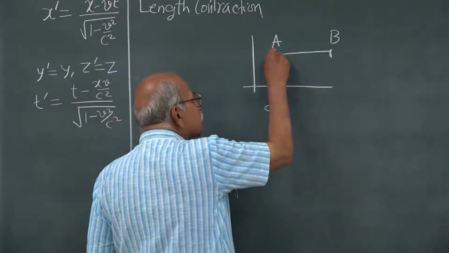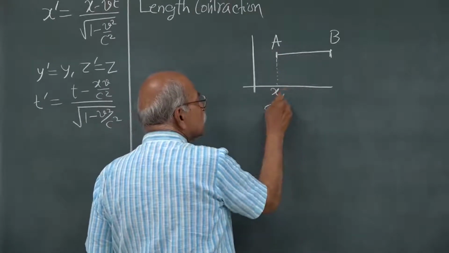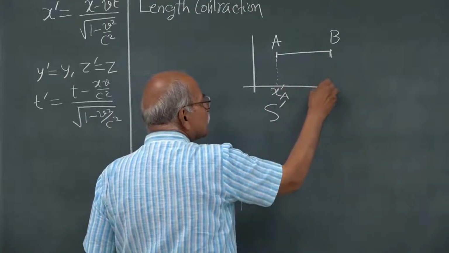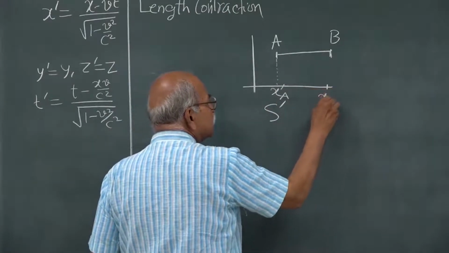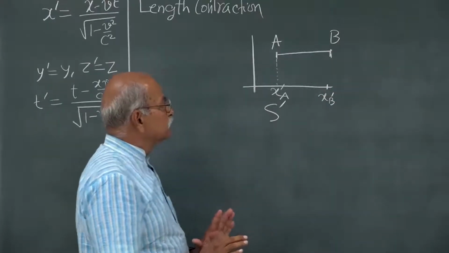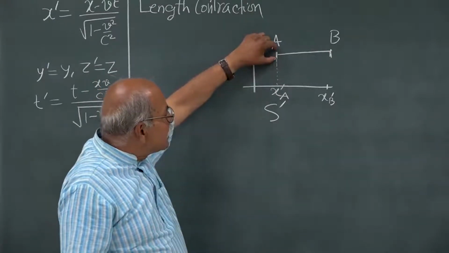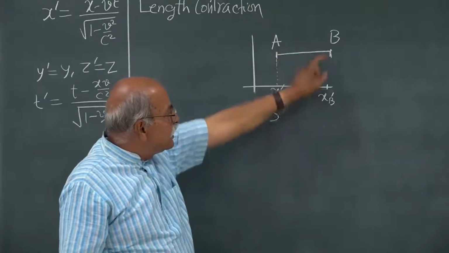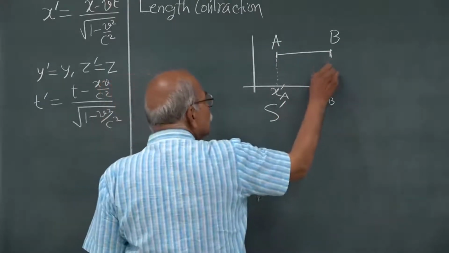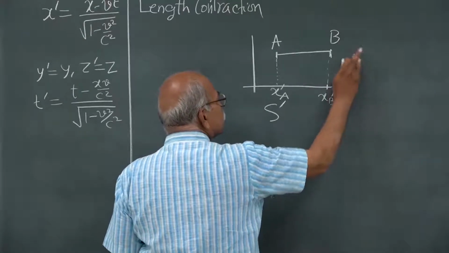So, what is the length? What is the x coordinate of this A? That is x A prime. What is the x coordinate of this B? That is x B prime. So, I have two events, in fact, measuring the end A and measuring the end B, and then the difference between these two will be the length. Let me call it L naught.